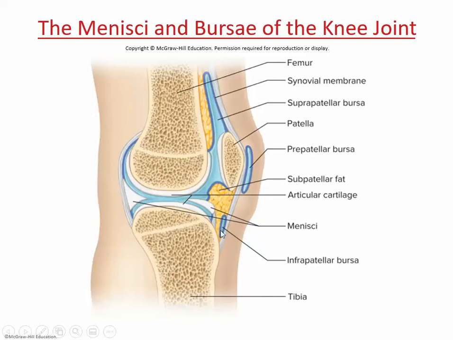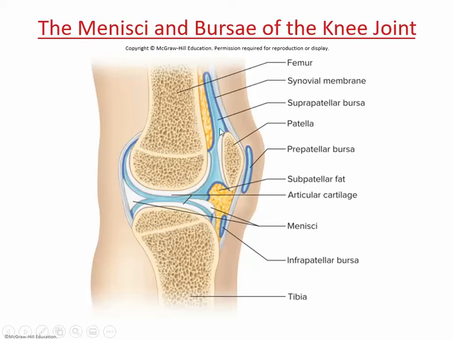There's a bursae here, so that when you flex your knee, the infrapatellar bursa cushions this tendon, which is the patellar ligament, but it's a continuation of the quadriceps tendon. It cushions that from rubbing here against the bone. The prepatellar bursa is there to protect the kneecap when you're kneeling.